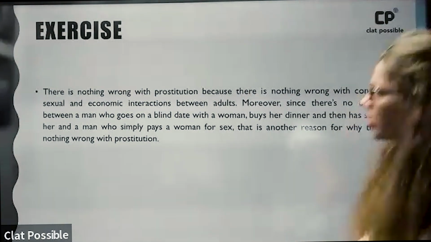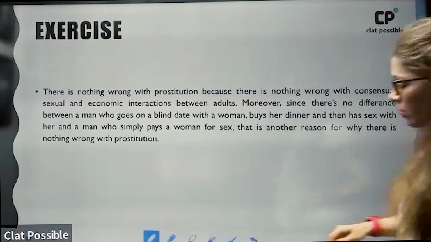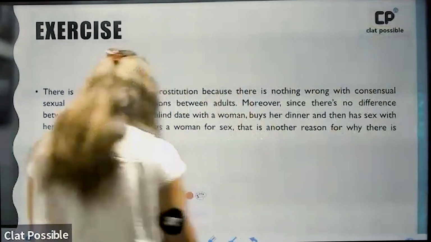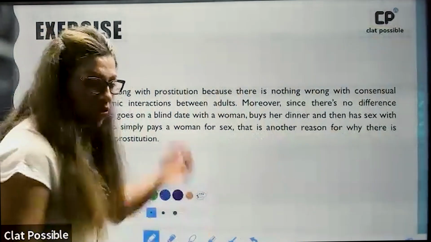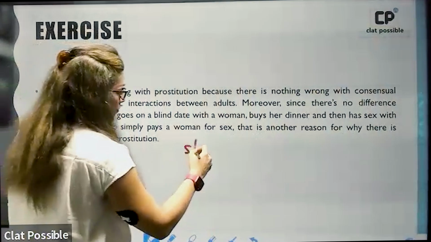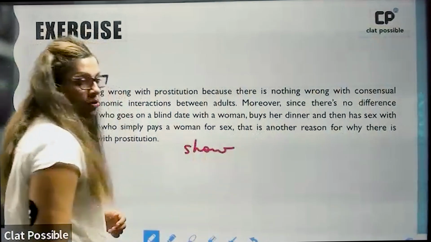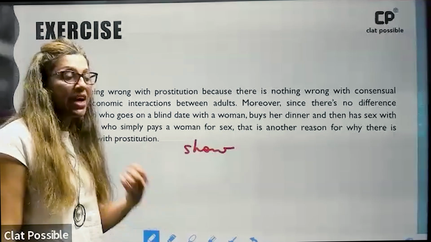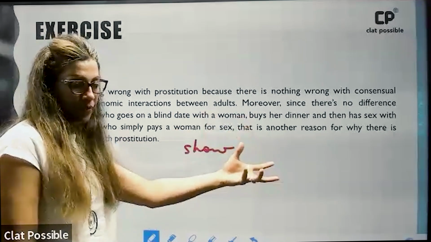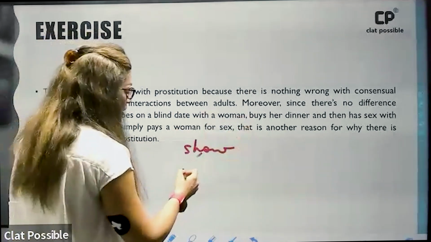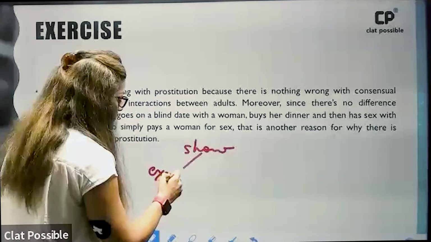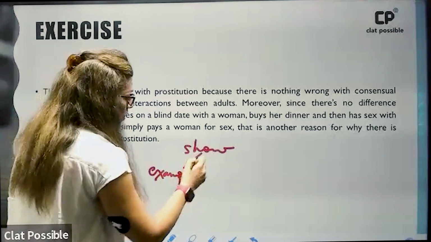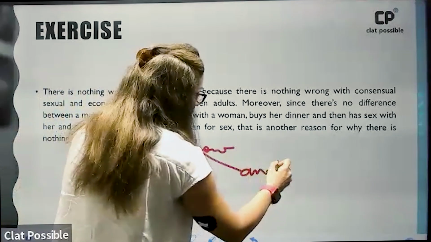Illustrations can be of two types. Illustration, more than trying to prove, tries to show. More than trying to give basic evidence, it tries to just depict what is happening. So illustrations can be either direct examples or analogy examples.